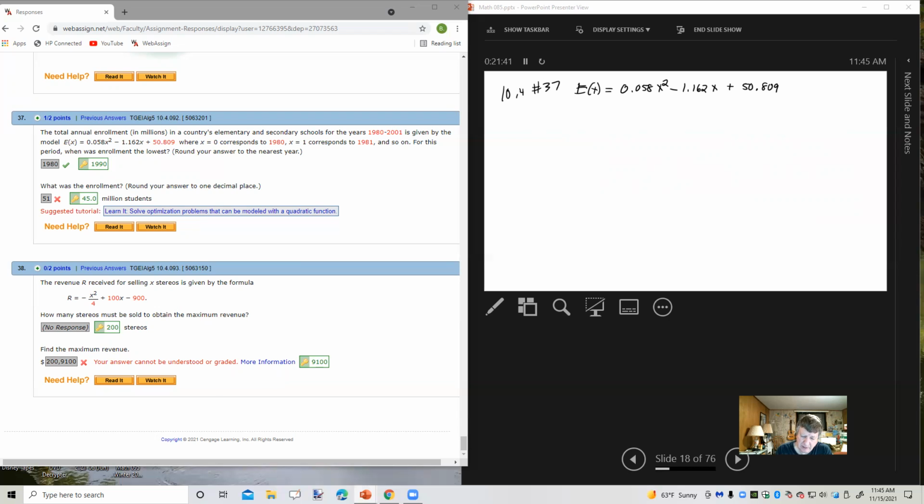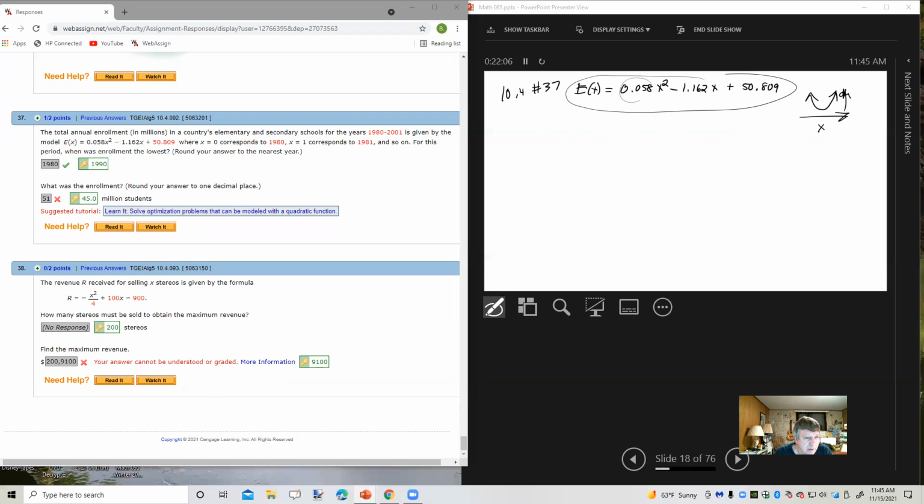Okay, if we were to graph this function, the leading coefficient is positive, so the graph would be a parabola opening upwards. This variable would be X, which would be the year. This variable would be E, which would be the enrollment.